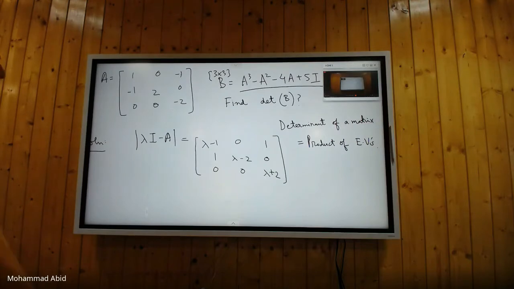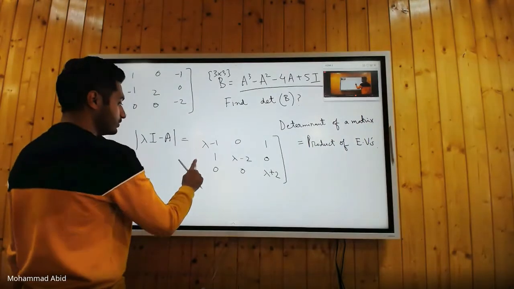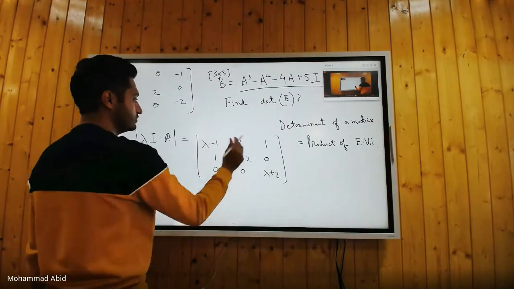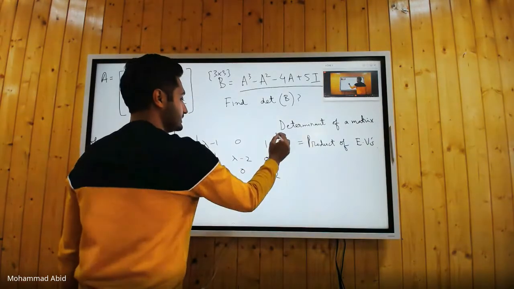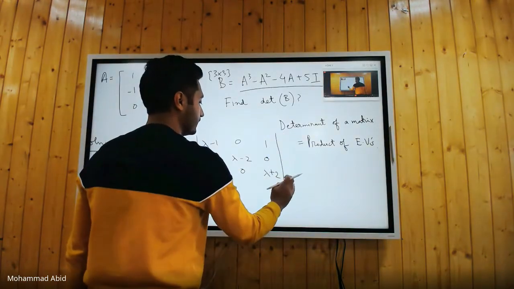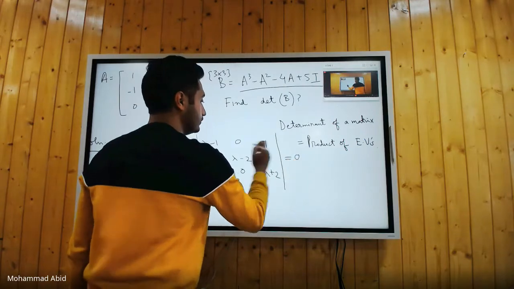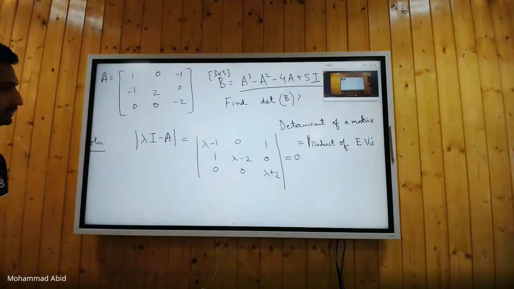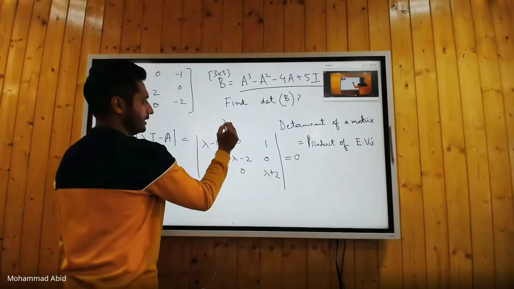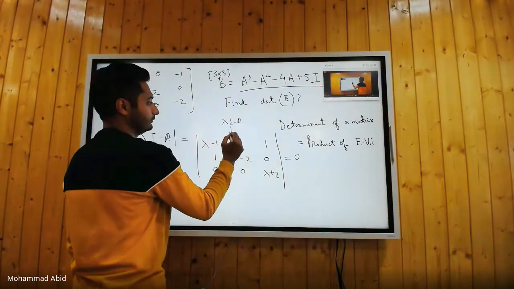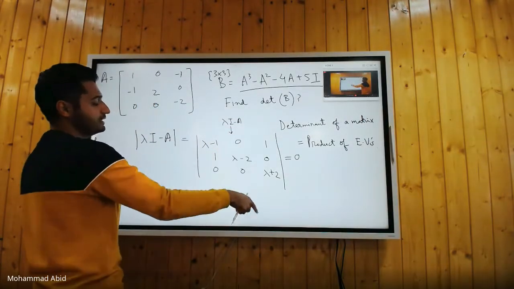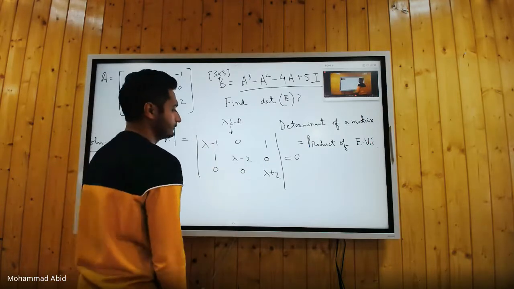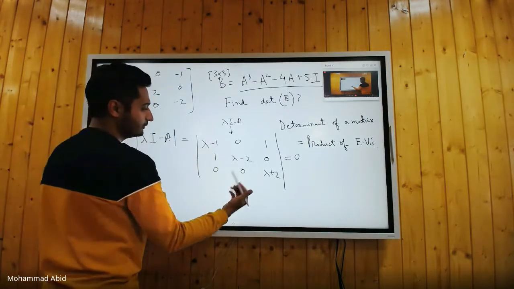But the characteristic polynomial says you have to take the determinant of this matrix and set that equal to 0. That will give you the solution of this equation. Okay, so that's your lambda I minus A. And I have to take the determinant of this matrix and set it to 0. I will get this lambda.